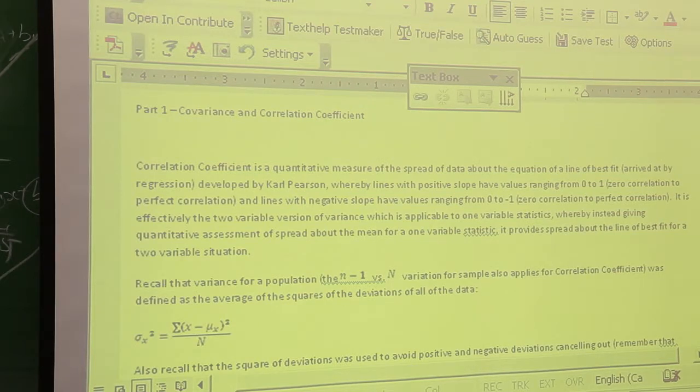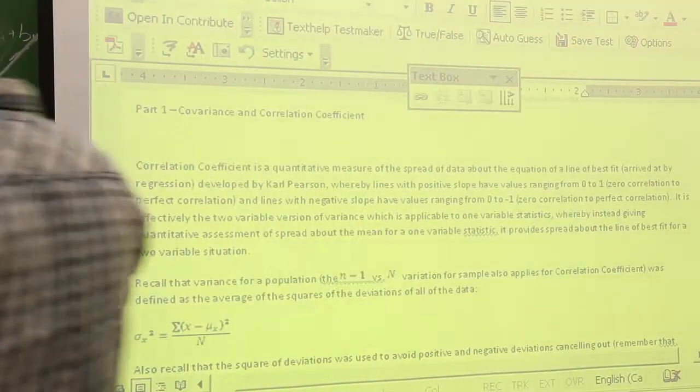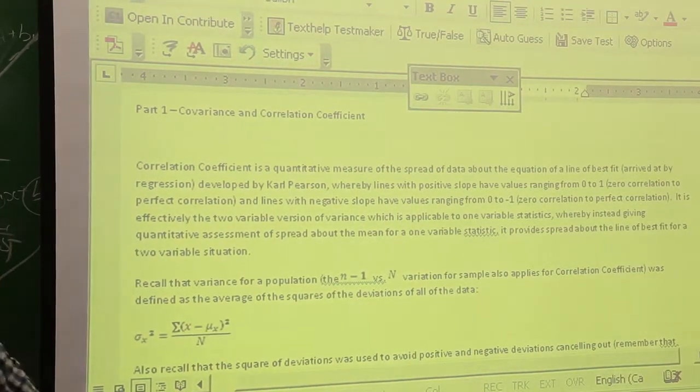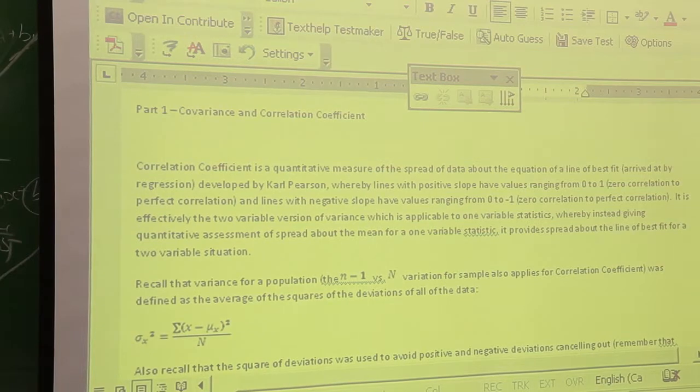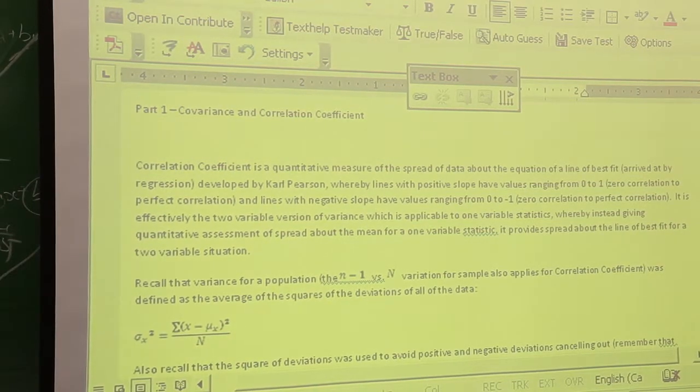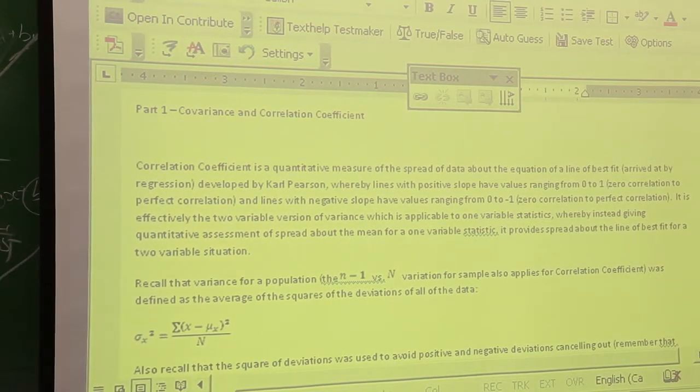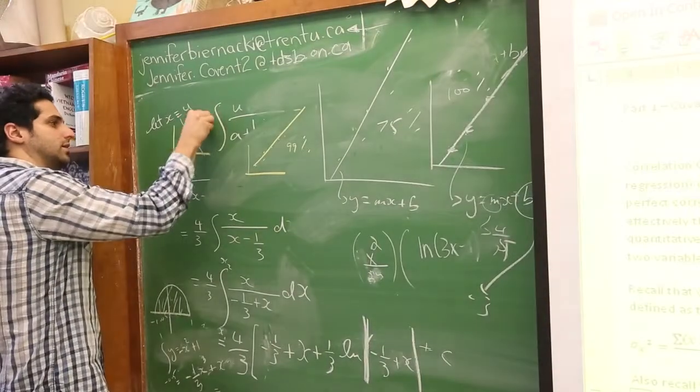Arrived at by Carl Pearson, whereby lines with positive slopes have values ranging from 0 to 1, and lines with negative slopes have values ranging from 0 to negative 1. So if you were to take a look at this, let's say you had this scenario, maybe that's going to be 99%, but in a scenario like this, that would be minus 99%.